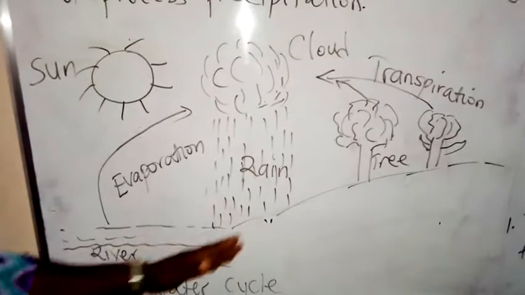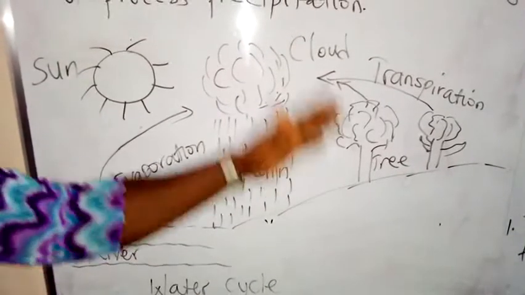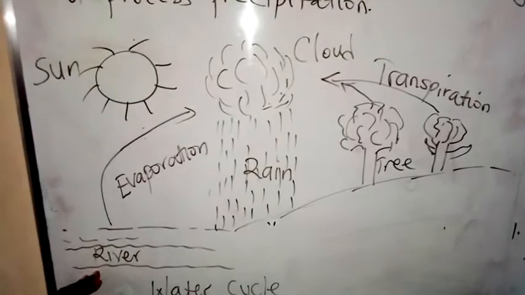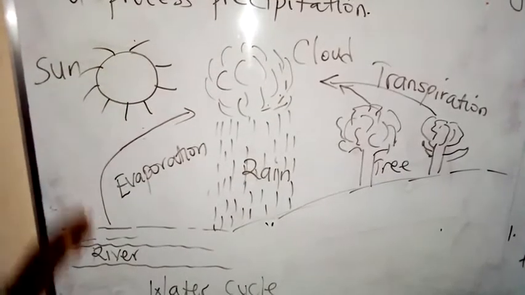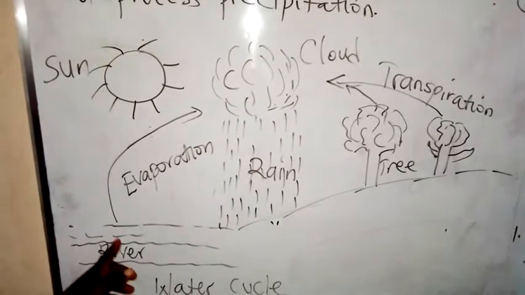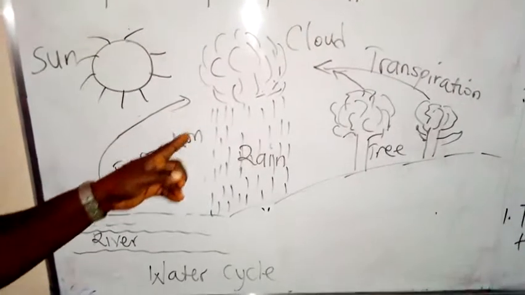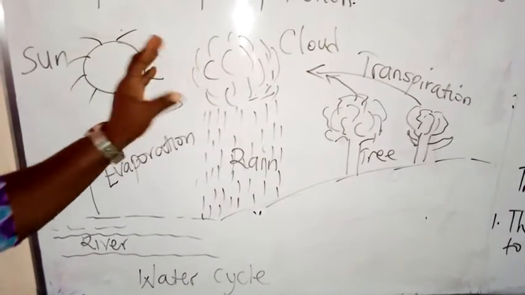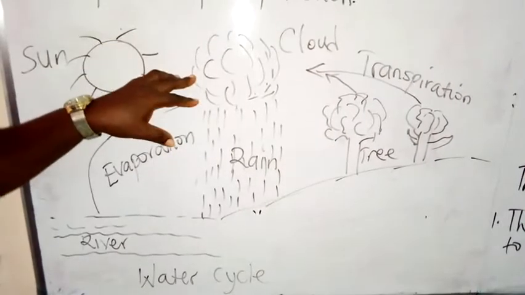The rain falls into the river, into the stream, and it also falls on the land. All the water will make its way to the river. The heat from the sun causes evaporation to take place. Now this evaporated water, as it goes into the atmosphere, forms cloud. This is the cloud.